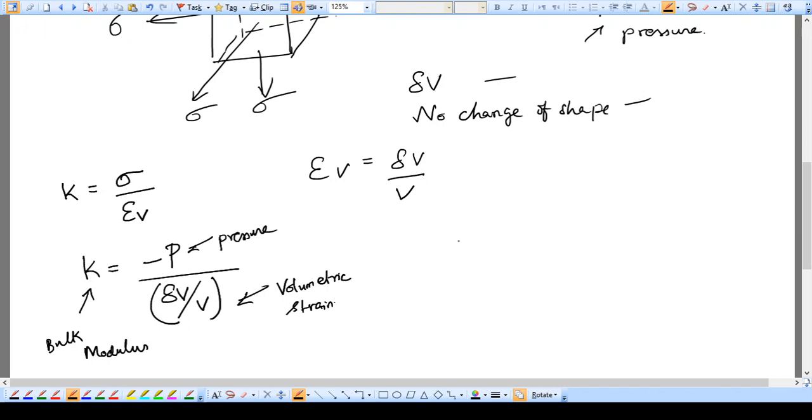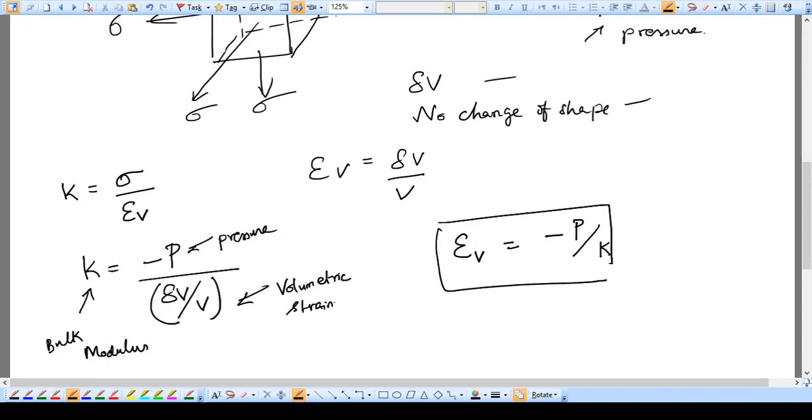Or I can say volumetric strain is equal to minus P by K. Here a negative sign is used because with an increase in pressure the volume decreases. So both will be having an opposite effect. That's why negative sign is used.